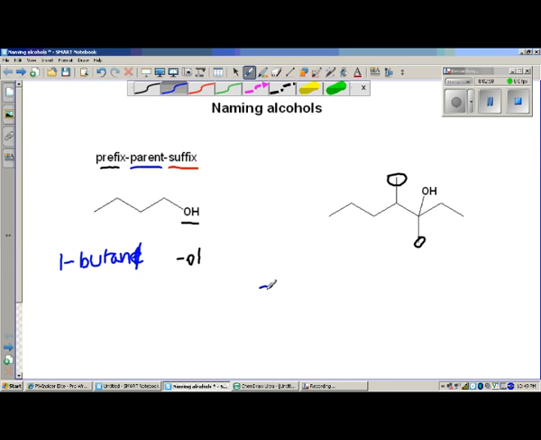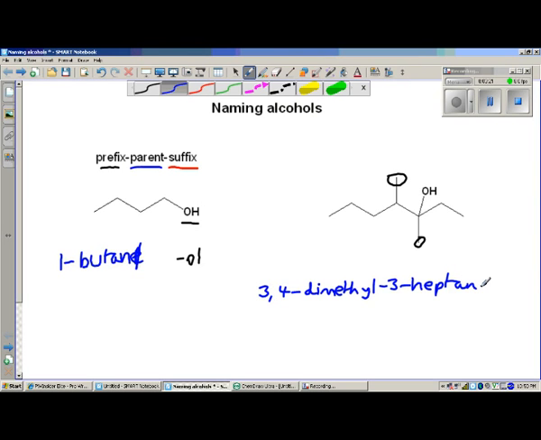So therefore we would call this 3,4-dimethyl, and then we need our 3-heptanol. So we're just coming up with a name here.